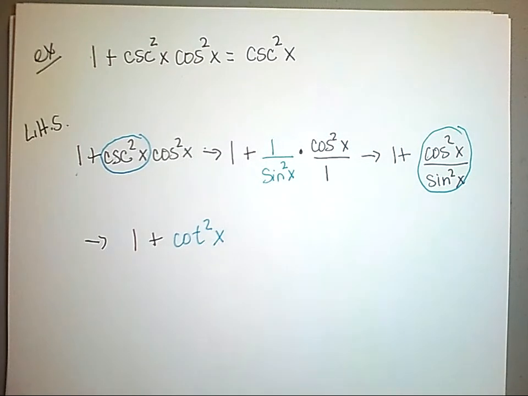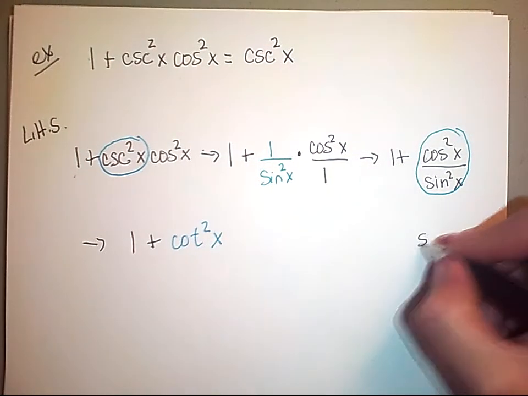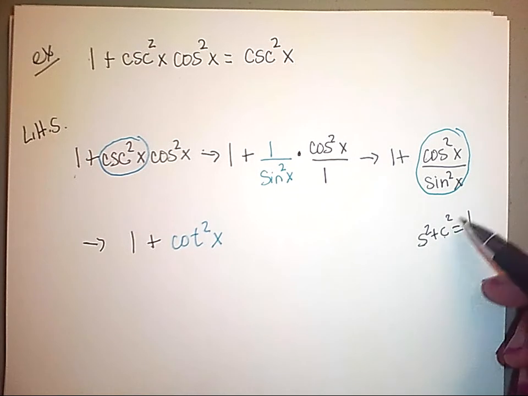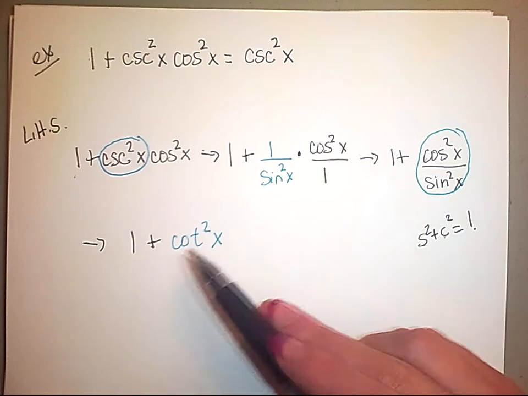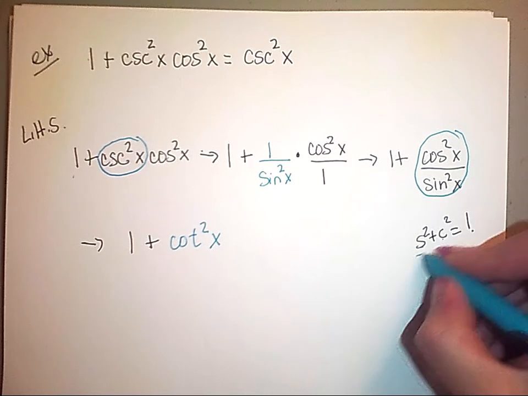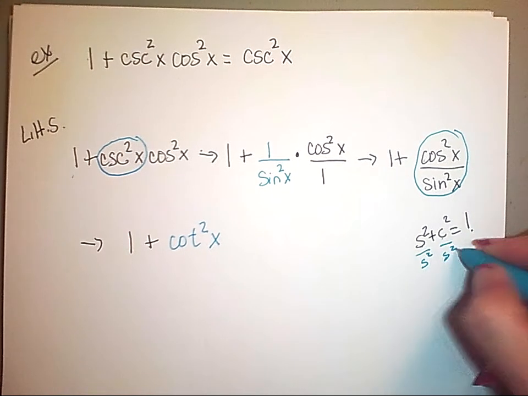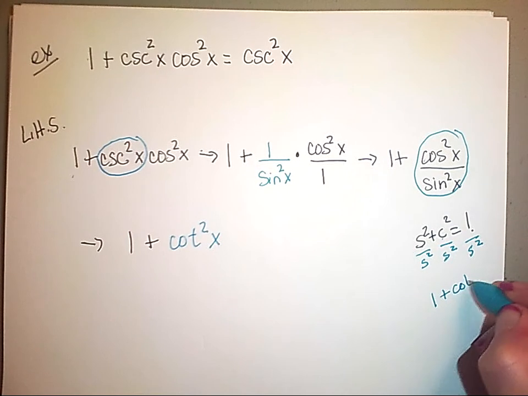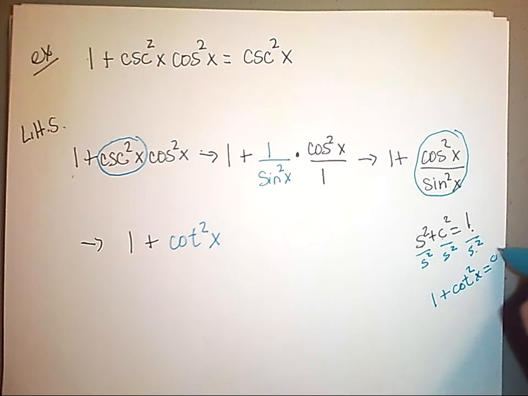I have 1 plus something squared, so I'm going to go back to our Pythagorean identity and do a little scratch work. We know sine squared plus cosine squared equals 1. I need a cotangent squared, so I need to divide everything by sine squared. This becomes 1 plus cotangent squared of x is equal to 1 over sine squared, which is cosecant squared.